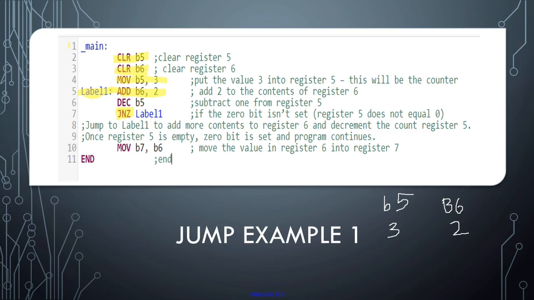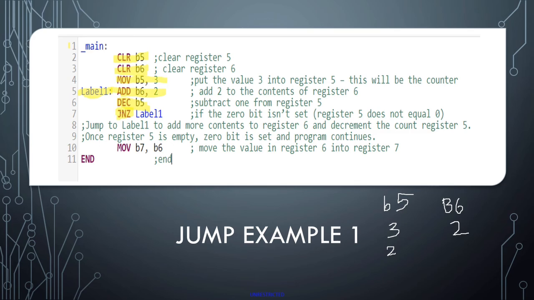Okay, now our next line is to decrement, or subtract 1 from, register B5, and so now B5 becomes 2. And then there's a jump if not 0 to label 1. What this means is that if B5 is not equal to 0, we're going to jump back up to this label.